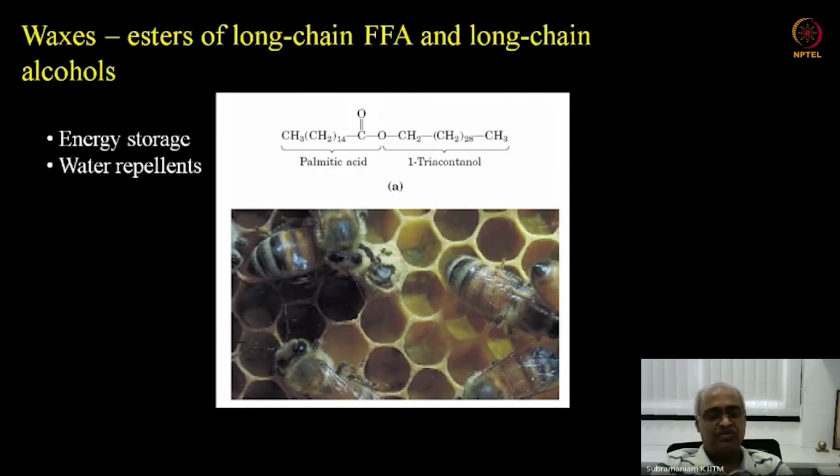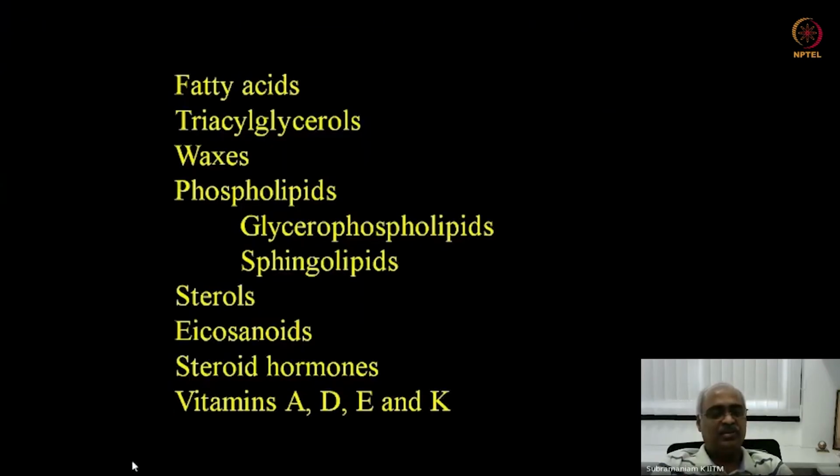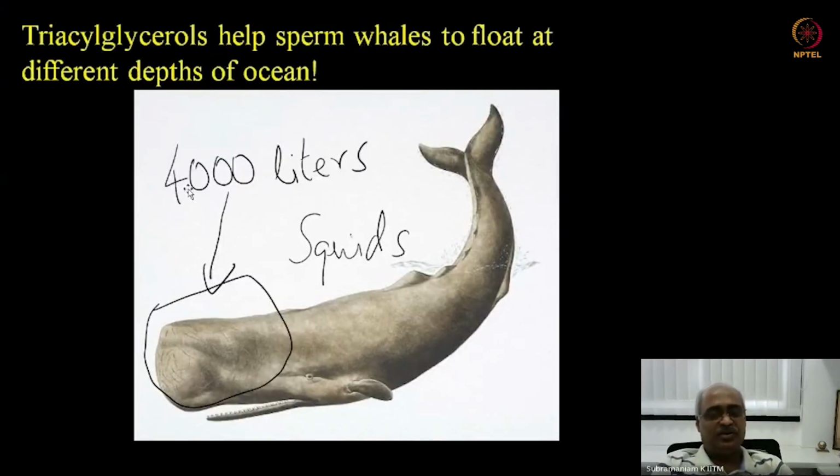For example, a single sperm whale gives you 4,000 liters of fat, and therefore people hunted them for lamp oil. Before fossil fuel, before petroleum was discovered, people relied on these oils to light lamps, particularly in the Western world. So these whales are now an endangered species. Only very few exist now.